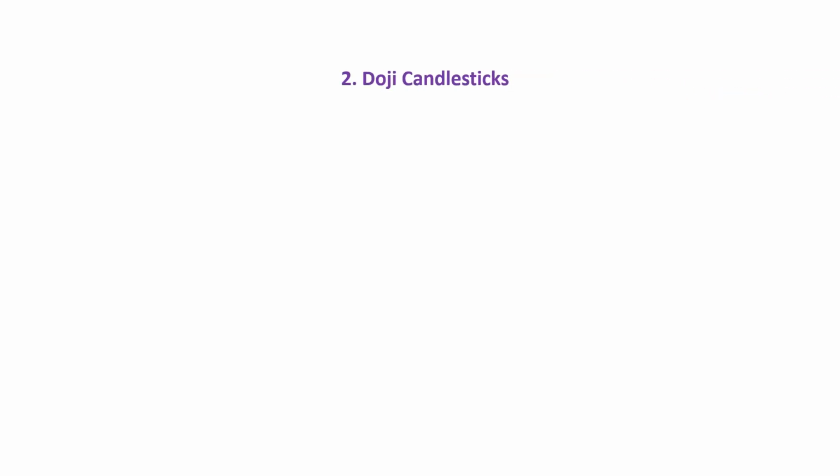Number 2, doji candlestick. This pattern occurs when the opening and closing prices are very close or equal, forming a small or non-existent body. This pattern suggests indecision in the market and potential trend reversal. Different doji candlesticks are as follows. Number 1, doji star.